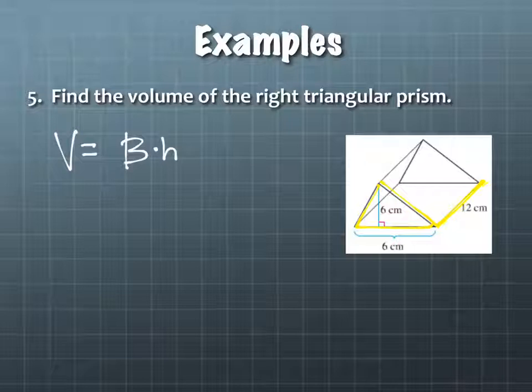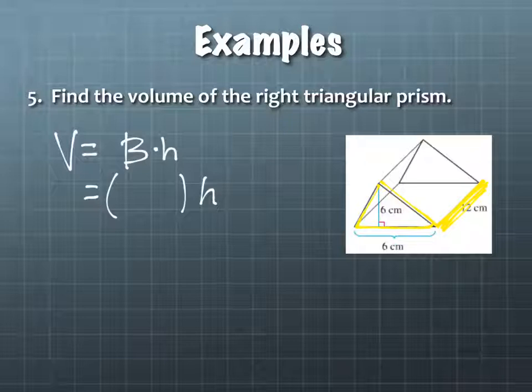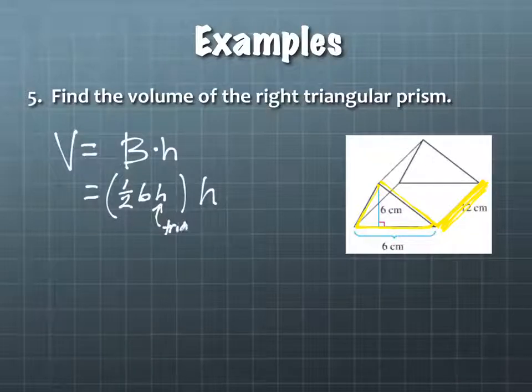And this is my height. Okay? So the base is actually a triangle in this case. And the area for a base being a triangle would be 1/2 base times the height. And this height is the height of the triangle. And this height is the height of the prism.